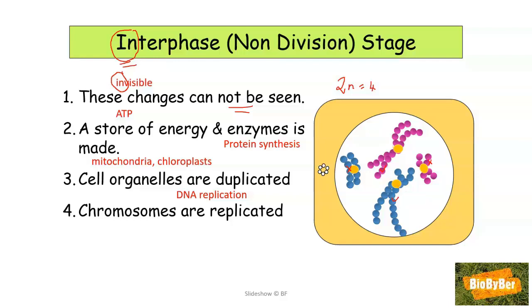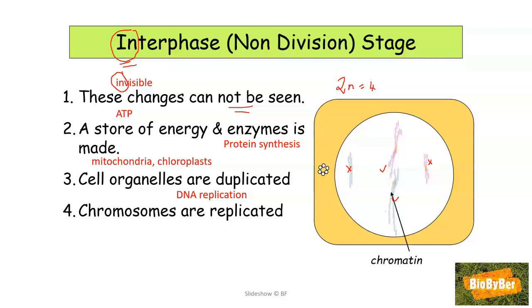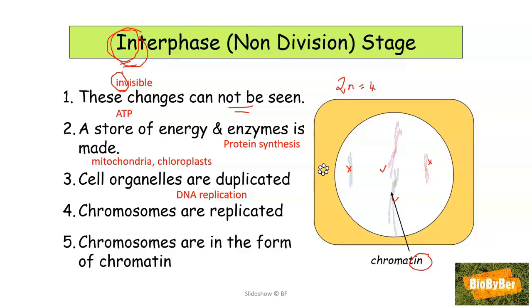Now, these chromosomes are in the form of chromatin. In other words, they are invisible and cannot be seen. Again, IN in chromatin, IN in invisible, and IN in interphase.